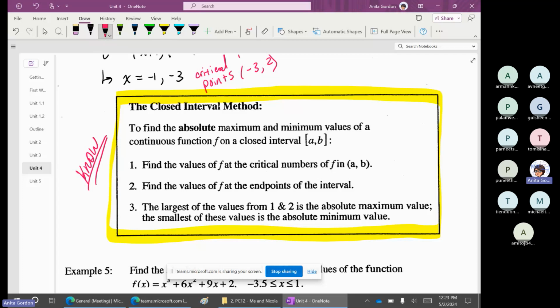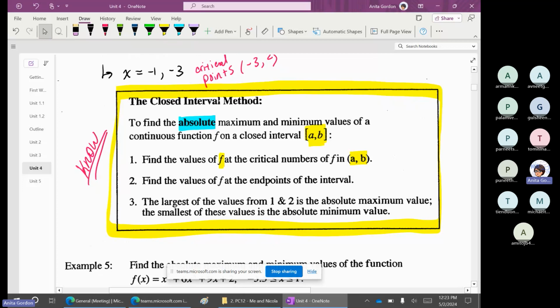Okay, so to find the absolute max or min values of a continuous function f on a closed interval, closed meaning inclusive, a and b, so from a point to another point: find the values of f where you have critical numbers inside of a and b, and then find the value of f at the endpoints.